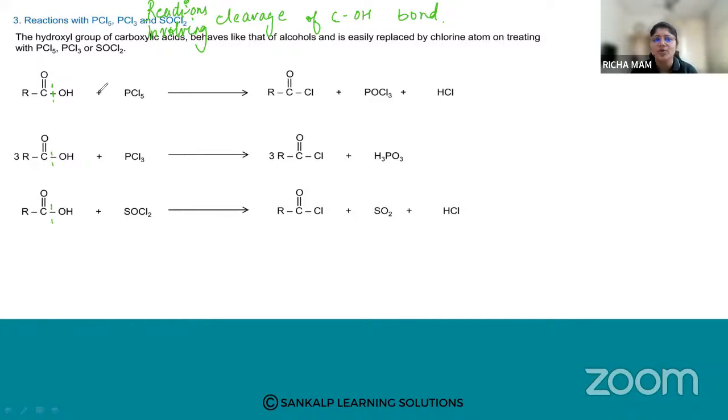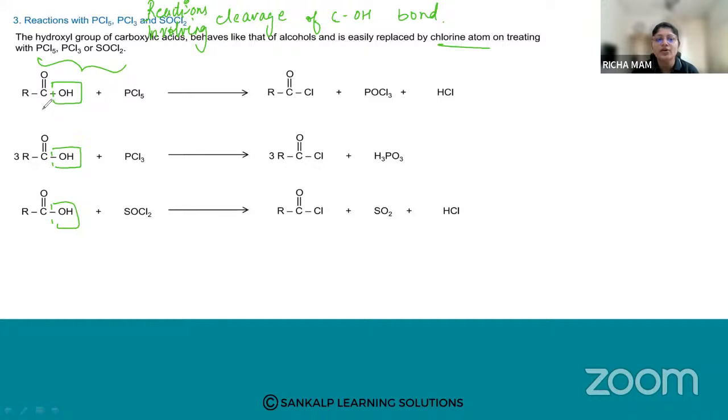The hydroxyl group of the carboxylic acid behaves like that of an alcohol, and it can be easily replaced by a chlorine atom by treating it with PCl5, that is phosphorus pentachloride, phosphorus trichloride, or thionyl chloride. These are the different reagents, by which the OH group can be replaced by Cl.